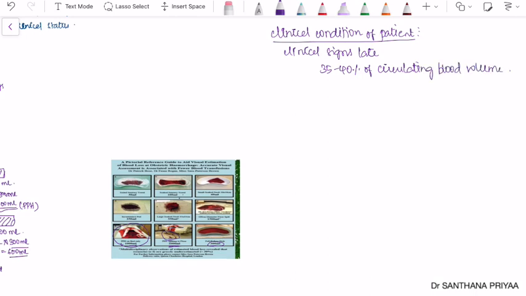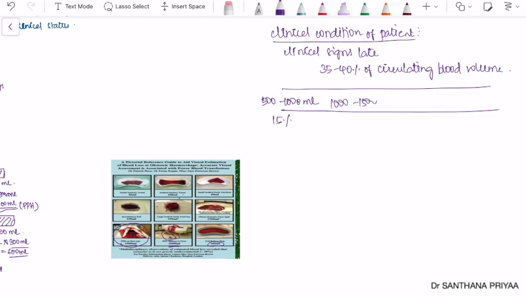So that's why we commonly use this table: 500 to 1000 ml we call 15% blood loss, and 1000 to 1500 we call 20 to 25% blood loss, and 1500 to 2000 ml of blood loss we call 30 to 35% loss. This is when the signs manifest. In more than 3500 there will be 40 to 45% blood loss, where the patient will be dead.